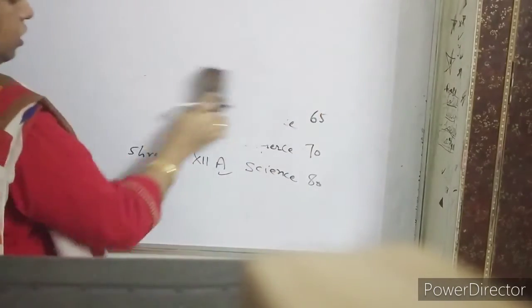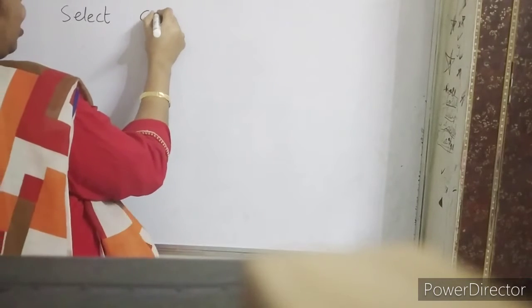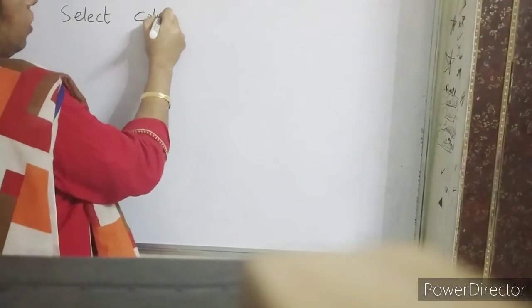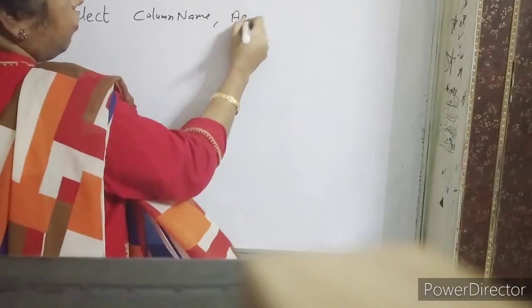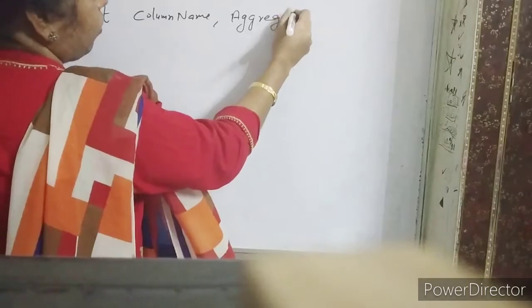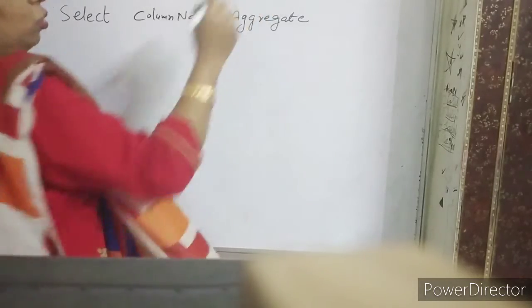First understand the syntax for grouping. How can we do grouping? Select column name, then write which aggregate you want to calculate. In this example, what is my aggregate? The aggregate is count.